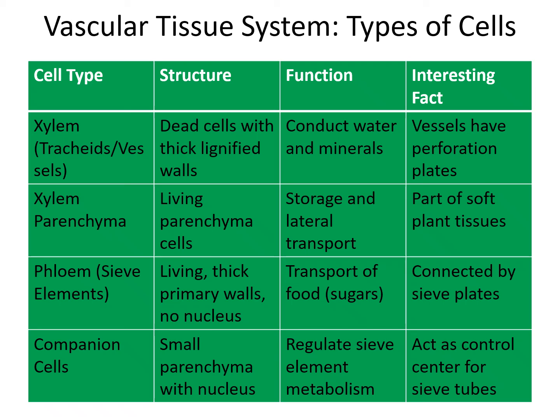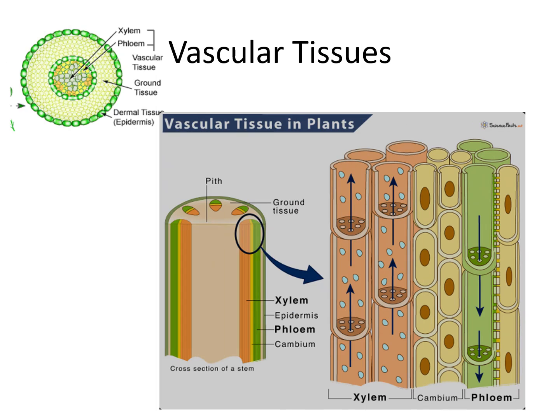That means vascular tissue system, xylem and phloem both together, they are responsible for the mineral, water and food transport in a plant. Consider this transverse section.